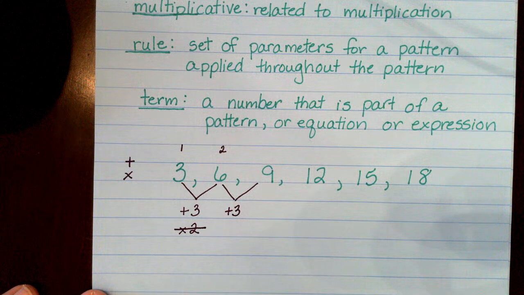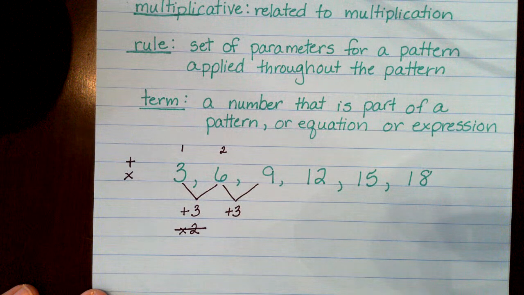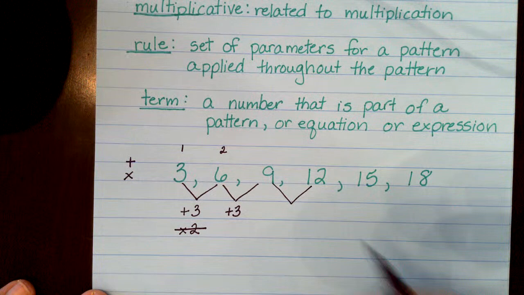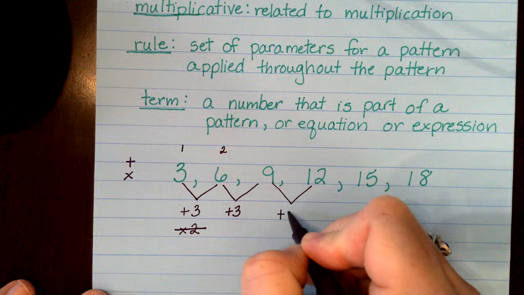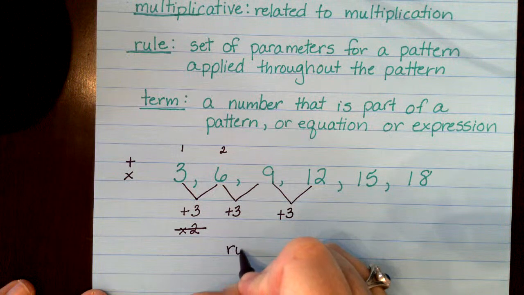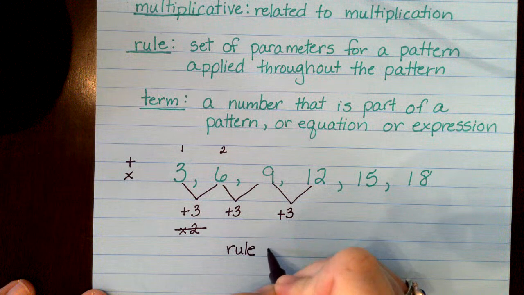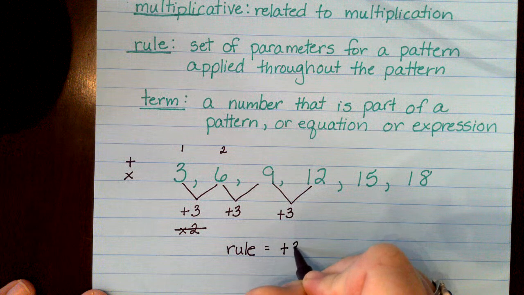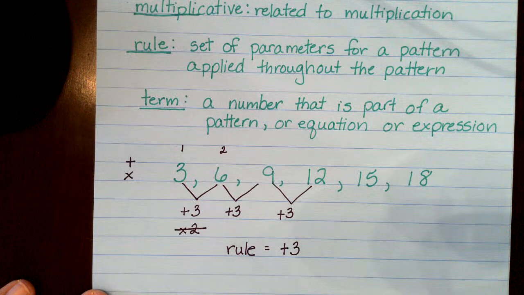But let's make sure that we're correct, just in case there's a pattern that's like an A-B pattern in poetry where it skips. 9 plus 3 is 12. The rule for this pattern is plus 3. Each term increases by 3 as it moves on.